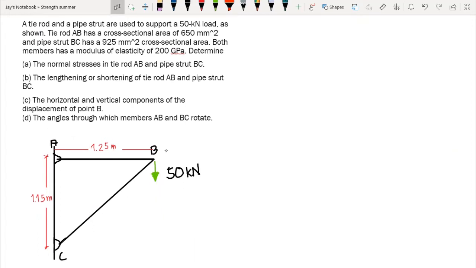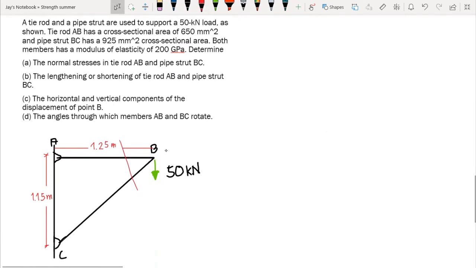We apply the joint method, if you remember your truss analysis. So we cut at this section here. If we cut at that section, then we have our free body diagram like this one, at joint B.